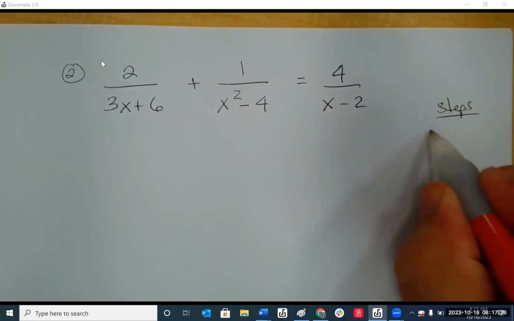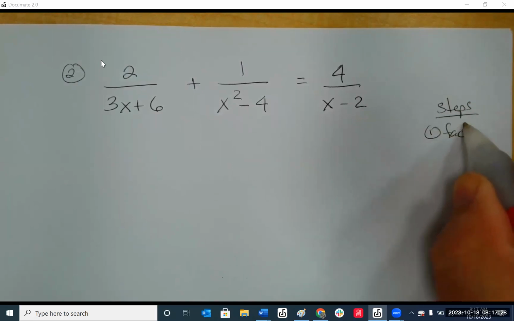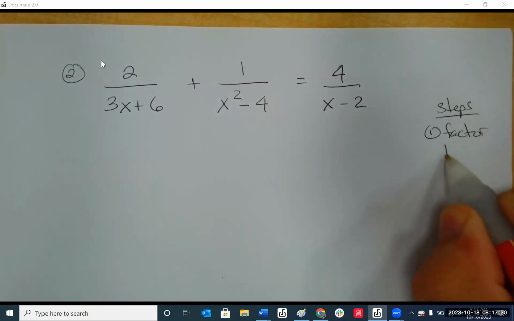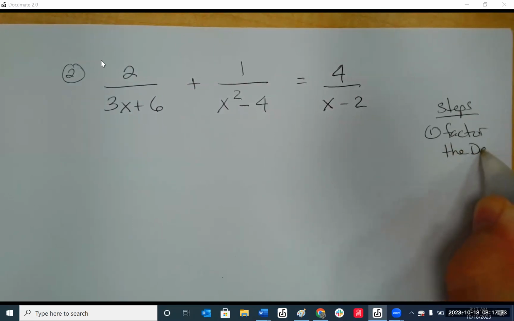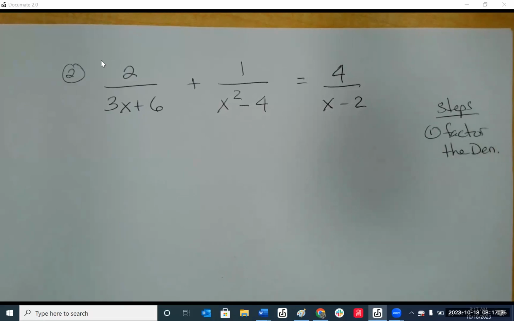Let's review the steps. Factor the denominator.